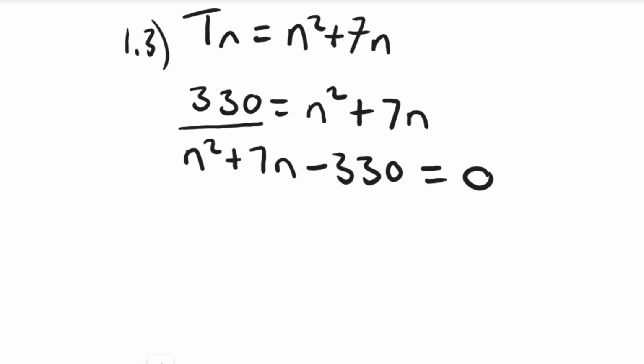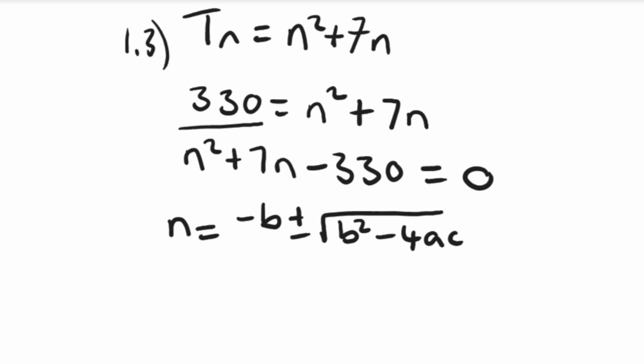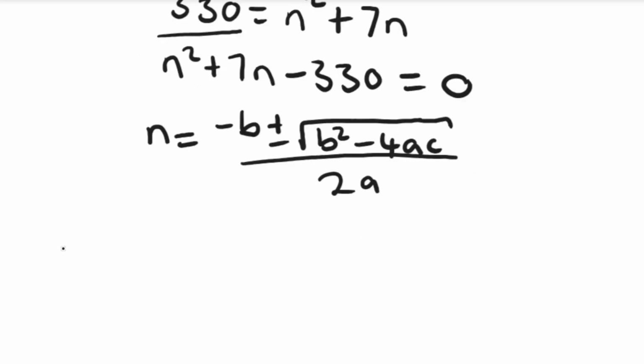Now after we do it like this, because we have this big magnitude here, 330, the easy way to go to the answer is to use the quadratic formula and say n equals minus b plus or minus the square root of b squared minus 4ac, and then divided by 2a. After writing it like this, our next step is to replace a, b, and c with 1, 7, and minus 330.